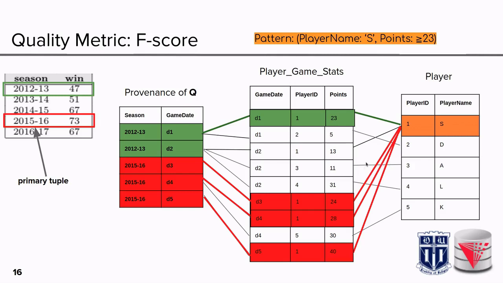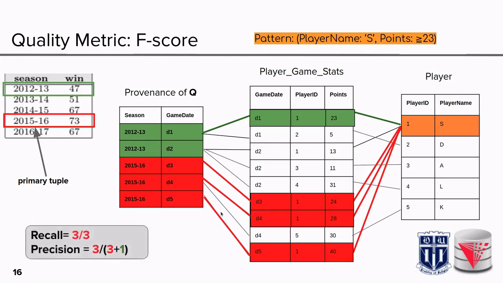No matter how many join partners a provenance tuple has with the additional relation, we count the coverage as 1 if among the join partners at least one result tuple matched the pattern, and 0 if none of the join partners match. Given the coverage, we use F-score as a quality metric.